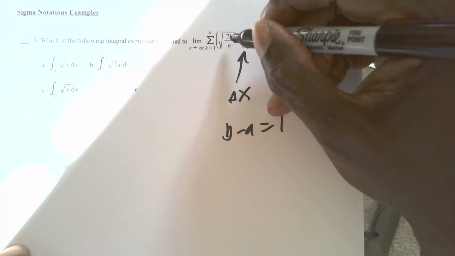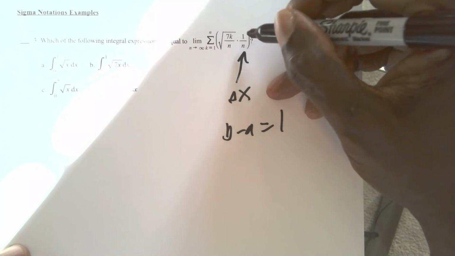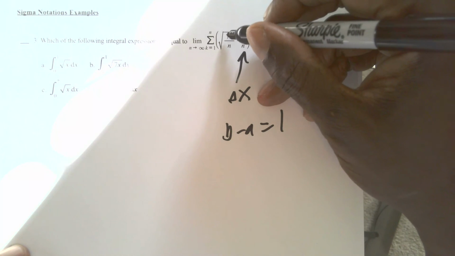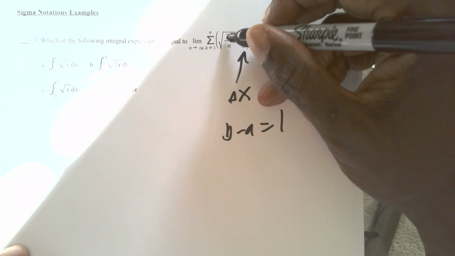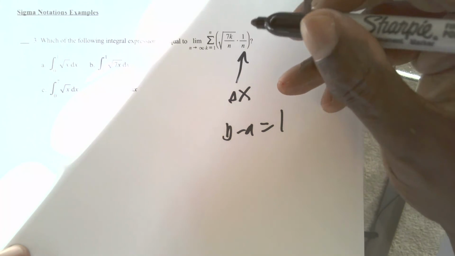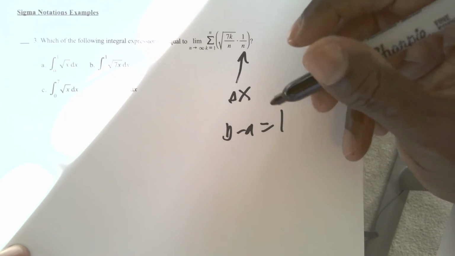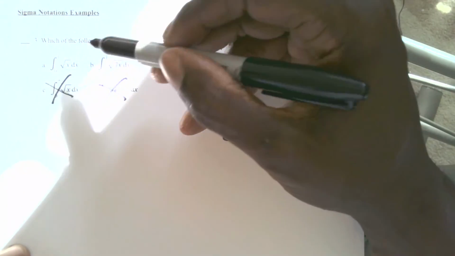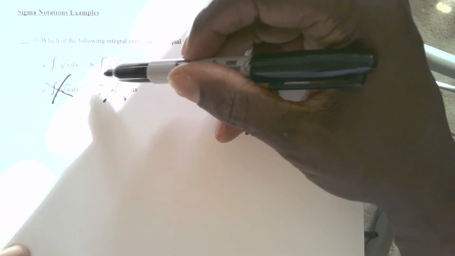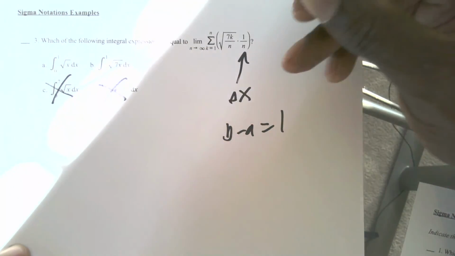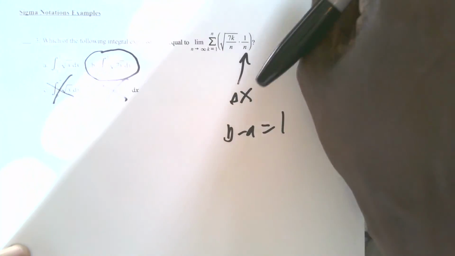So when these aren't the same, this scalar multiple, this 7 in this case, is just in the function itself. All right, so let's look for b minus a's that are equal to 1. And so that wouldn't work. That wouldn't work. And this one is the square root of x, and this one is the square root of 7x. And again, since we have this 7 here, we're going to need a 7 in the function itself.